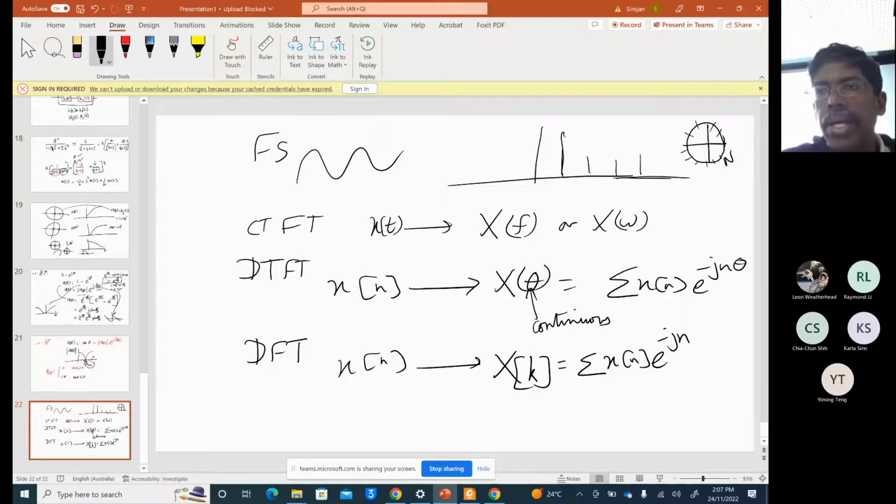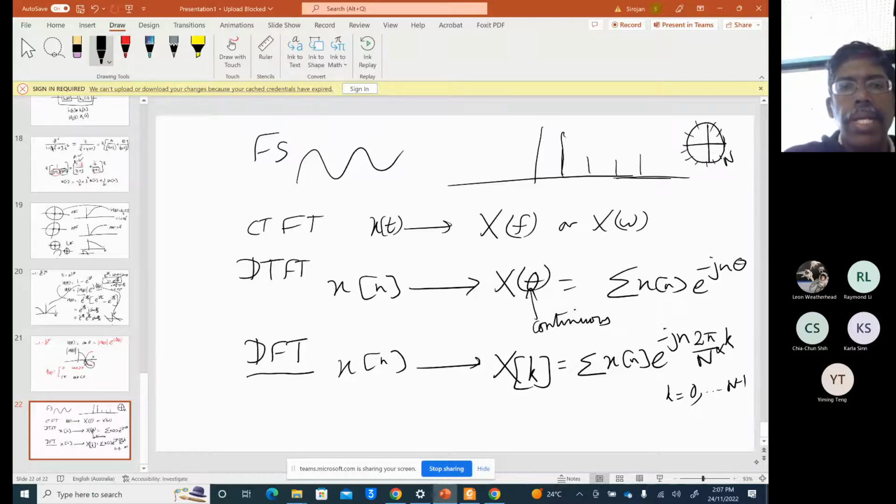What is the total value of theta? 2 pi. So that 2 pi is divided into N points, then multiplied by k, where k equals 0 to N minus 1. Okay, so that is the discrete Fourier transform. This is what you get in MATLAB when you take the FFT, and the capital N in FFT is this one.